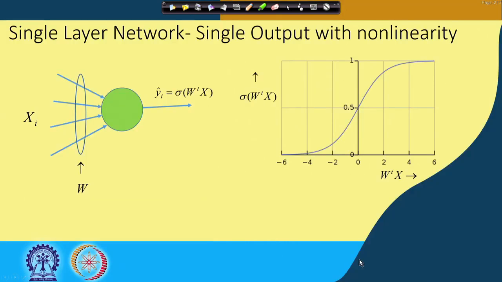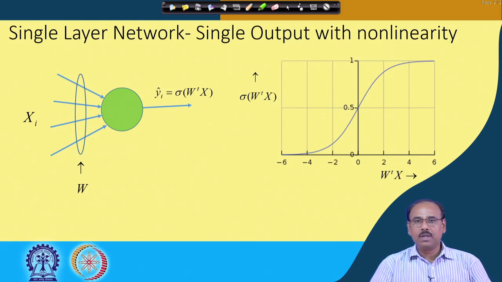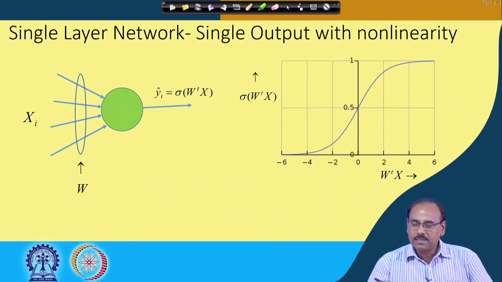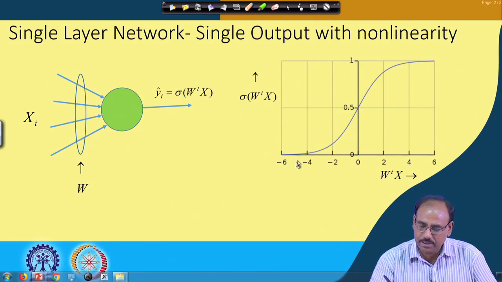Just to recapitulate, in our previous lecture we had taken single layer neural networks with nonlinearity as well as without nonlinearity at the output. When we considered a single layer neural network with nonlinearity at the output, the nonlinearity was a sigmoidal function, as given on the right hand side in this slide.